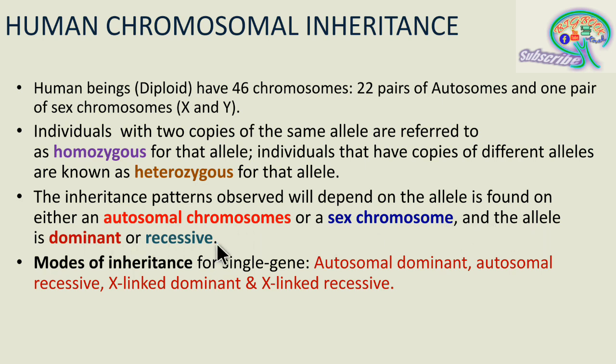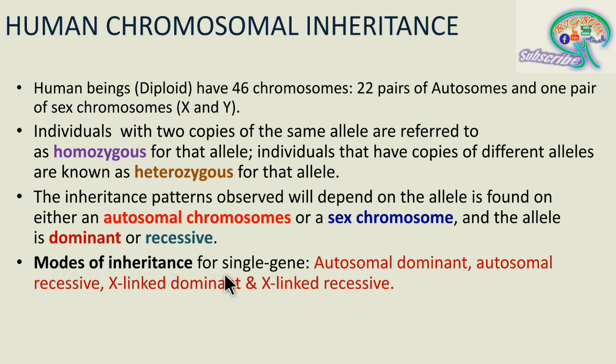With the help of the inheritance pattern, we can understand whether the allele is present on the autosome or on the sex chromosome, and whether it is dominant or recessive. This is what we are going to understand.